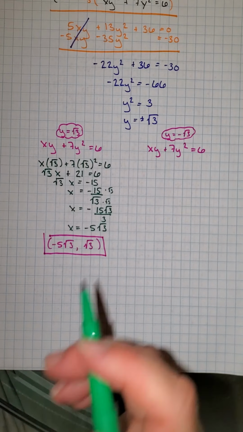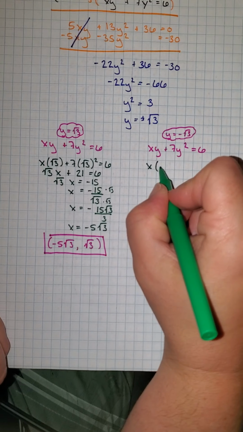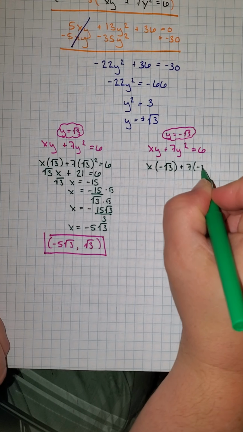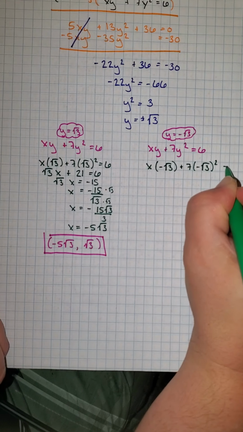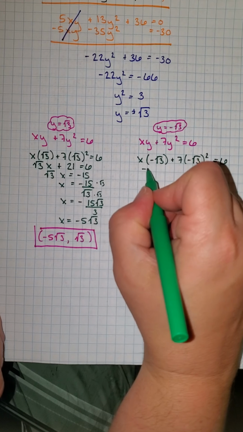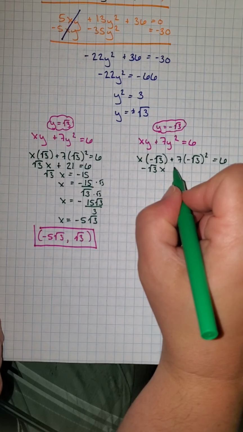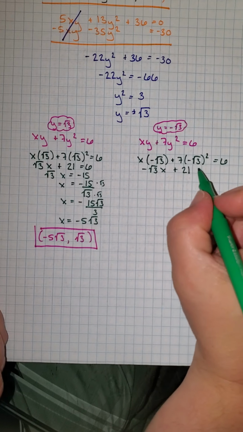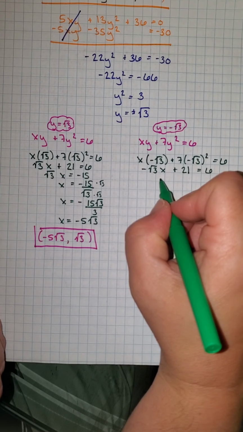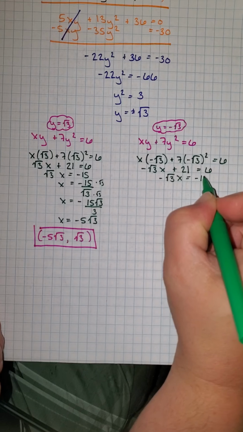Now over here I'm going to do the same thing. We're going to have some sign changes. So we have x times negative radical 3 over here, and then plus 7 times negative radical 3 squared equaling 6. So we have negative radical 3x. This would be 3, and then times 7 will be 21 equals 6. Subtract 21, so negative radical 3x equals negative 15.